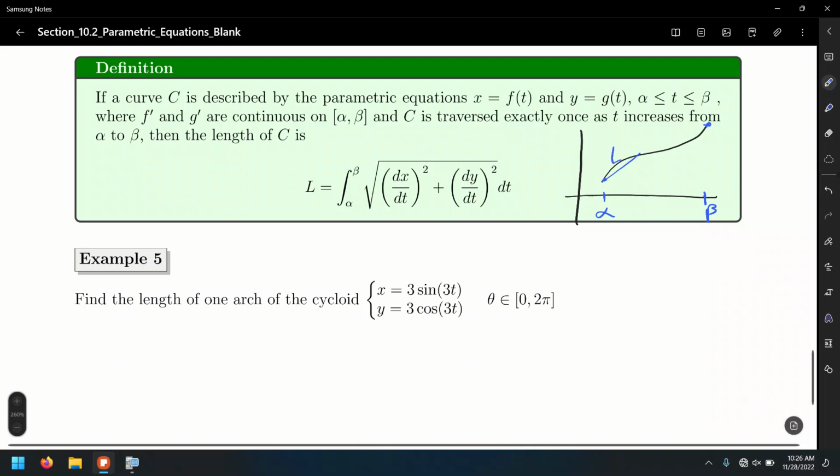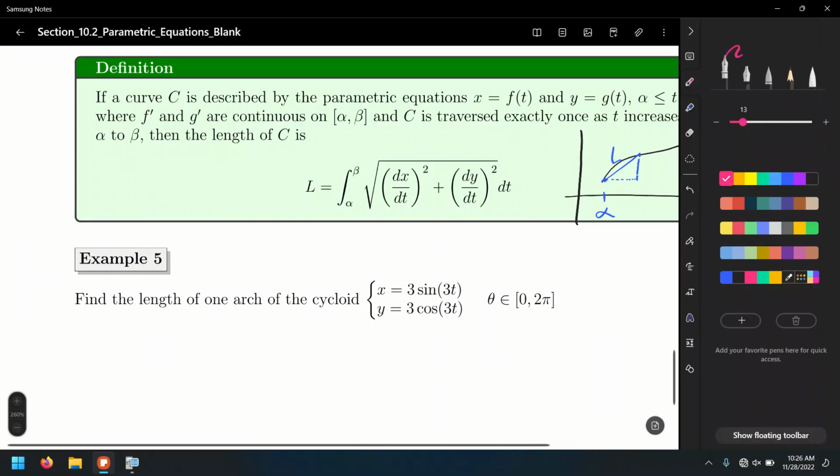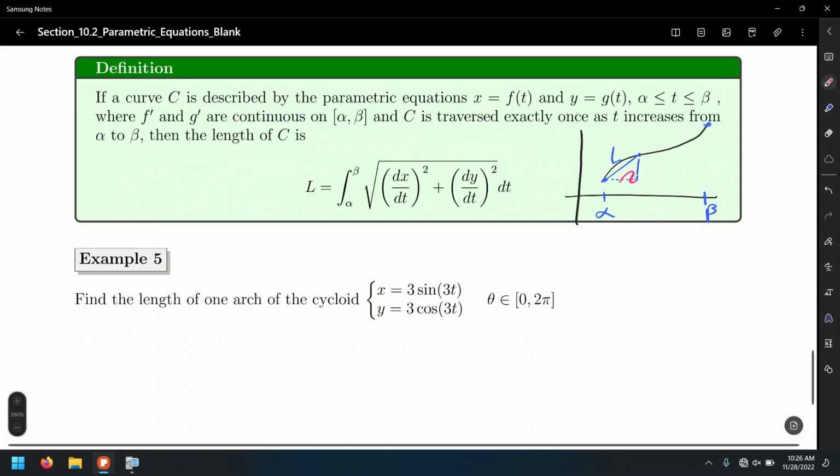Let's just call this L. But in this case, to go from this point to that point essentially involves some change in the x direction and some change in the y direction, essentially forming a right triangle. And that horizontal distance for the right triangle, let's call it delta x, and delta y for the vertical distance.